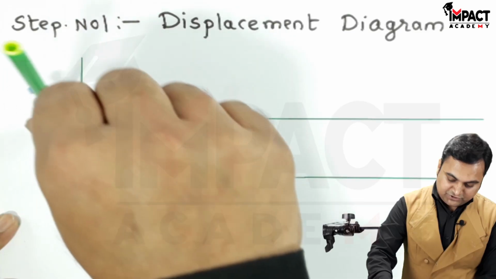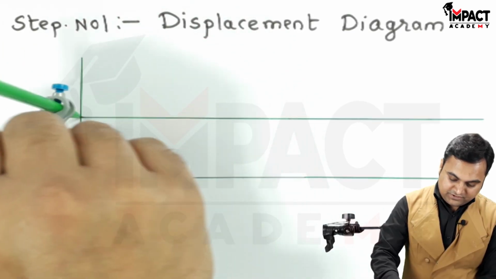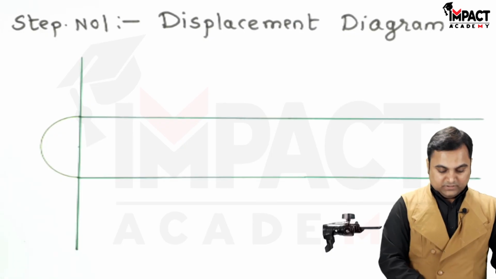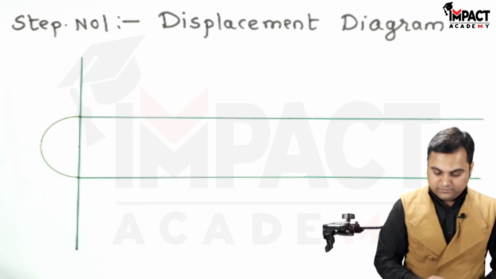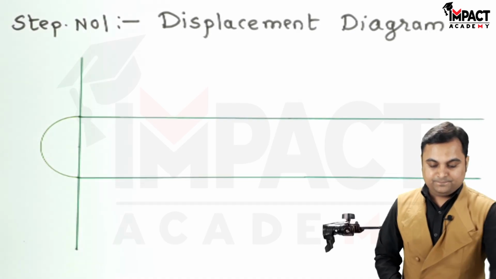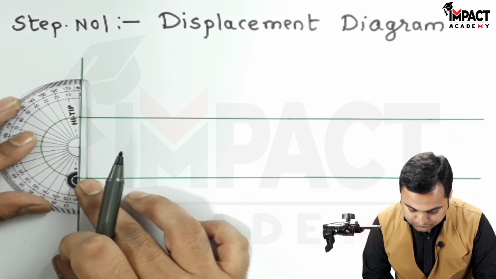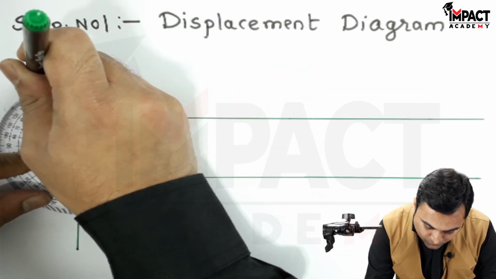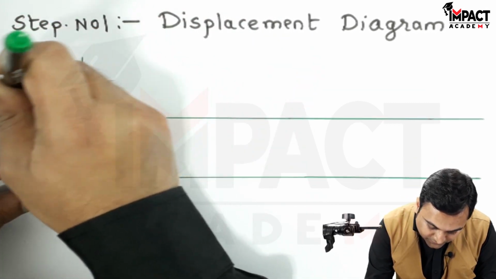This procedure needs to be followed for S.H.M. or simple harmonic motion. Then after drawing this semicircle, divide it into 6 equal parts, taking each angle as 30 degrees.